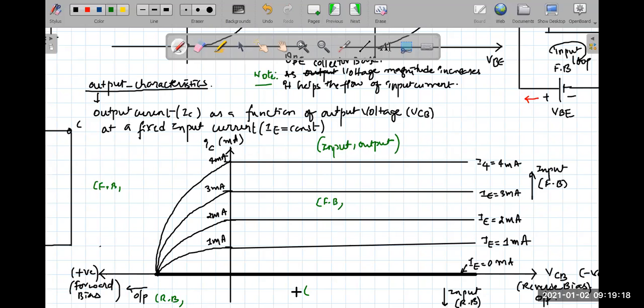Is that okay? Any confusion from here? Whereas what about the output? On the right, the output is reverse biased. On the left, the output is forward biased. Actually, the graph was supposed to be flipped along the vertical, but out of habit, we draw it in this way. For the output, we are applying a reverse bias voltage. We are purposefully applying reverse bias voltage. So the output on the right side is reverse biased.